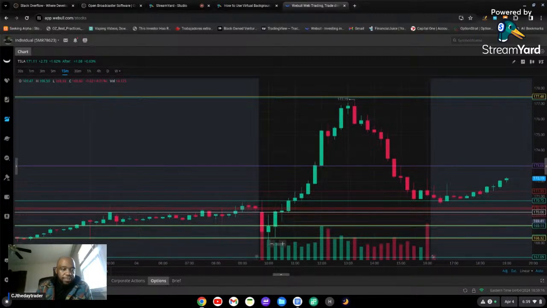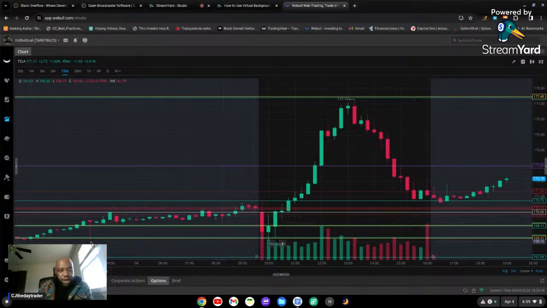At 7:15 this morning, in army time, this wick was made, a low of 168.33. Then at 8:15 a.m., a low was made of 169.17. So these were levels of pre-market lows where the price touched that level and bounced back up.